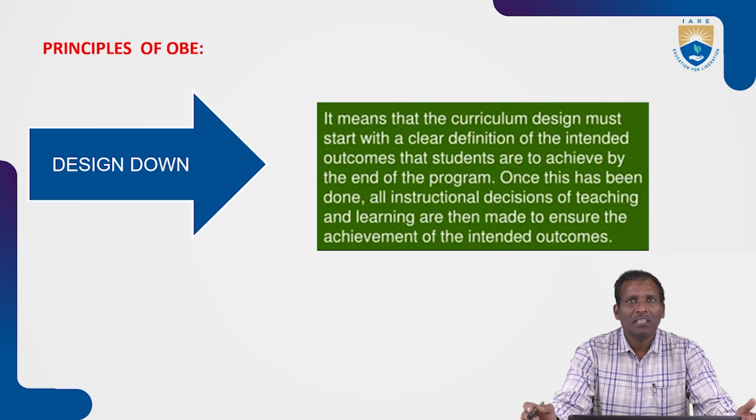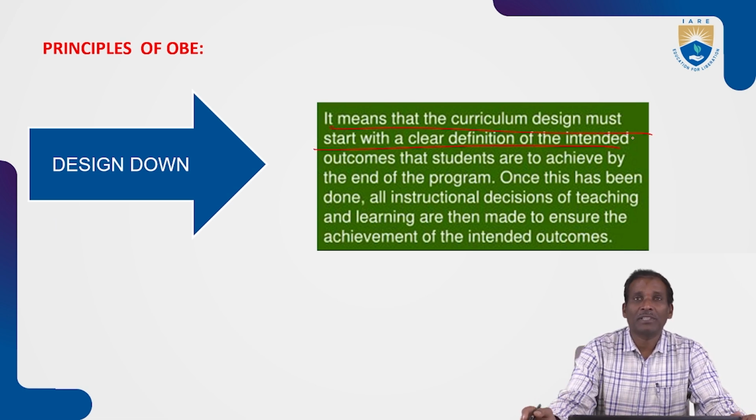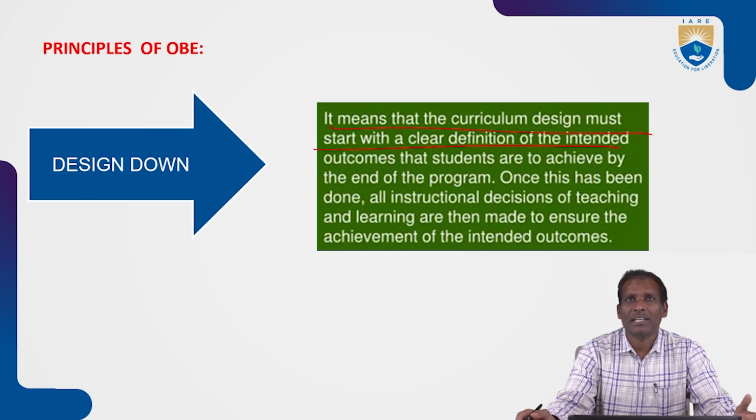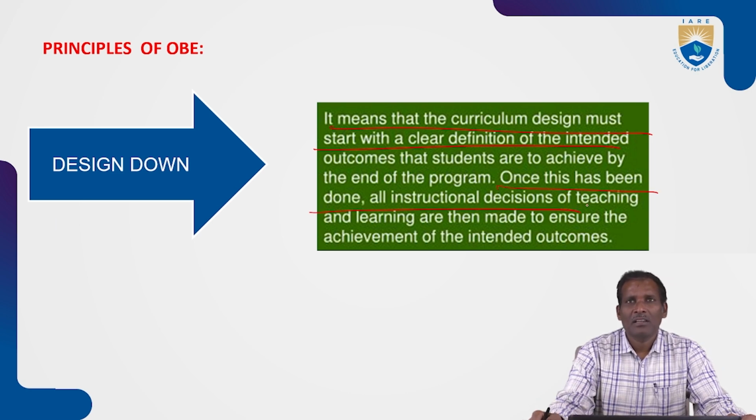It means the curriculum design must start with a clear definition of the intended outcomes that students are to achieve by the end of the program. Once this has been done, all instructional decisions of teaching and learning are then made to ensure the achievement of the intended outcomes.